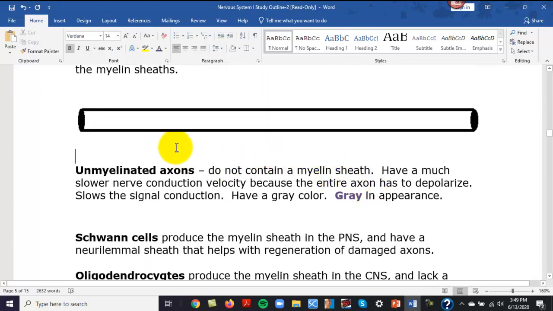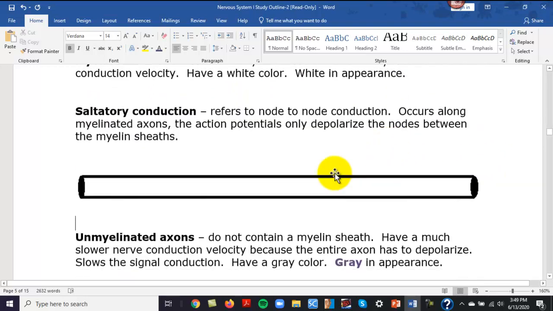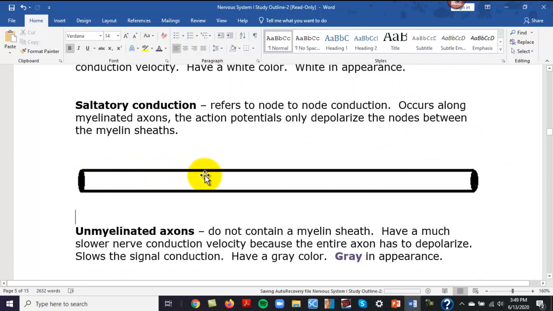And unmyelinated have a slower nerve conduction velocity. It's not dramatically slower, but it is. It's still fast. But the whole entire fiber has to depolarize. So instead of it just going boom, boom, hit like that, it has to depolarize the whole thing. It's like it's dragging something. So it's much slower.